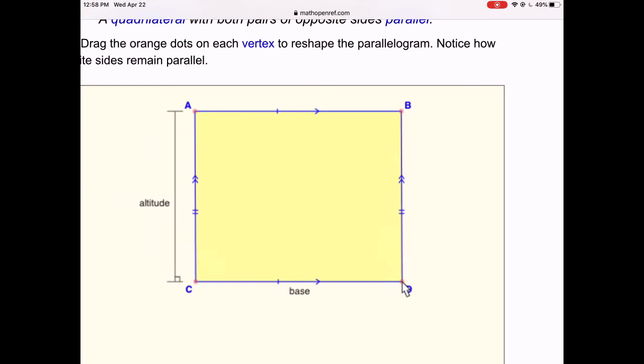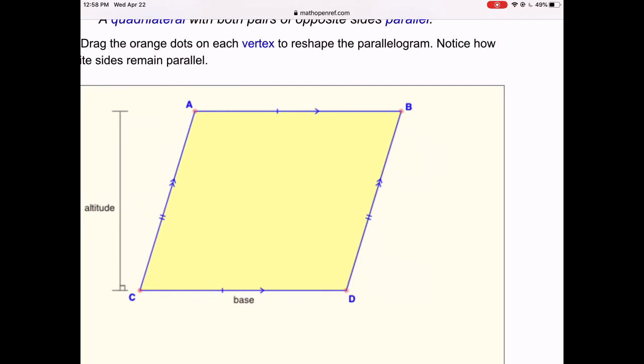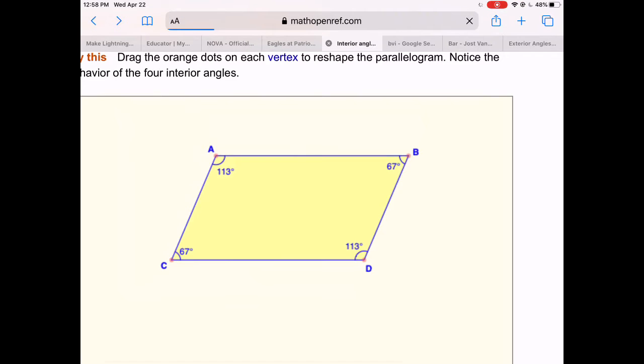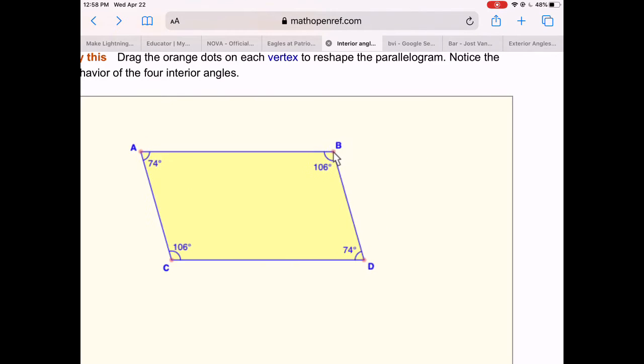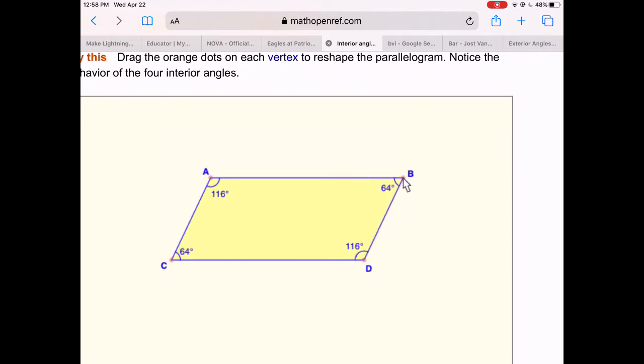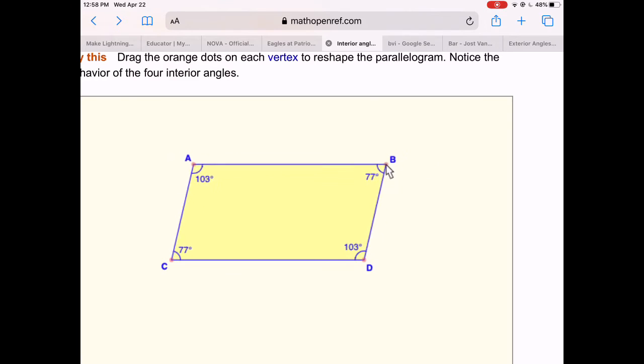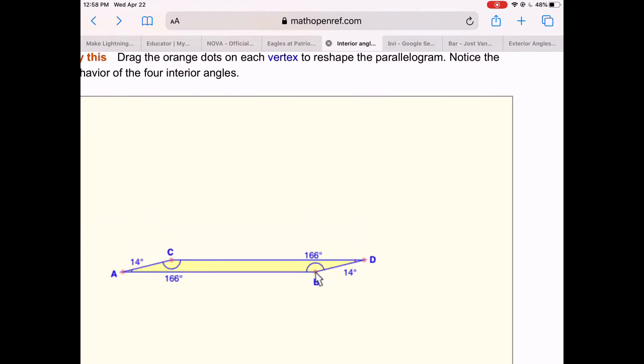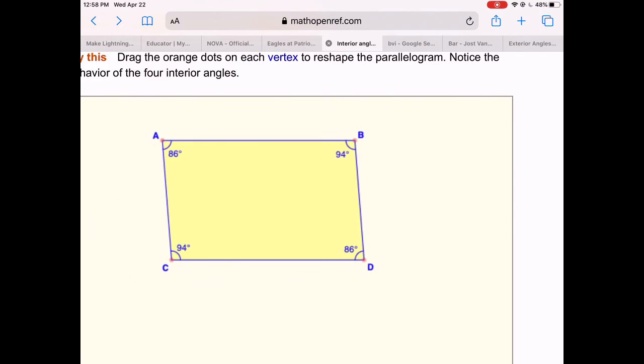You can move any of those dots around, so opposite sides are always going to be equal and always parallel. At the same time, here are the angles. You can take any of these angles and move one, and the opposite angles are always equal. So there's 76, 76, 104, 104, and you can go anywhere you want with that. It's always going to add up to 360.